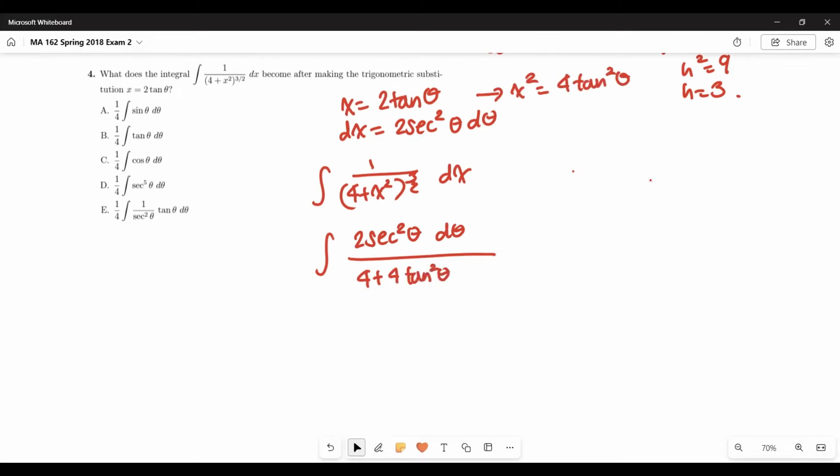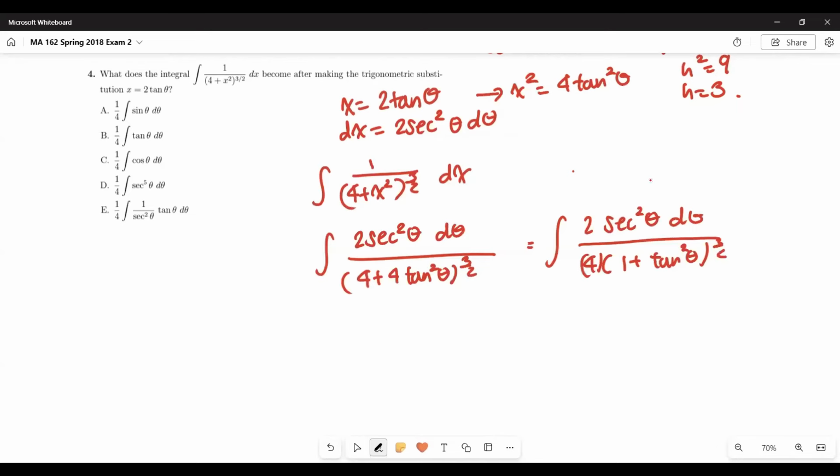This becomes 2 secant squared theta d theta over 4 times (1 plus tangent squared theta), to the 3 over 2. 4 to the 3 over 2 becomes 8. And this is just 2 secant squared theta d theta on top, and 1 plus tangent squared theta. 1 plus tangent squared theta is the same as secant squared theta, if you remember your trig identity.